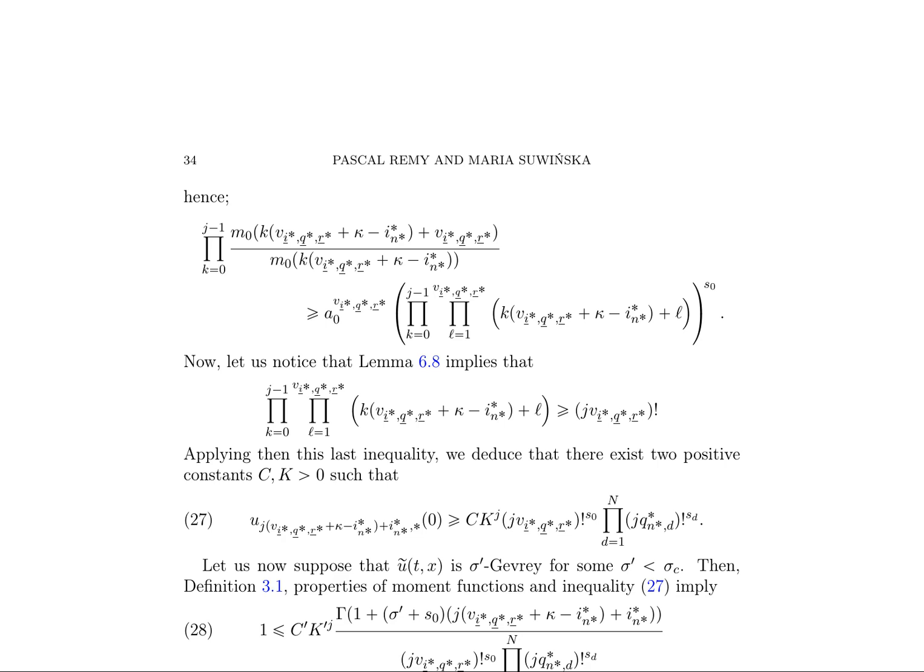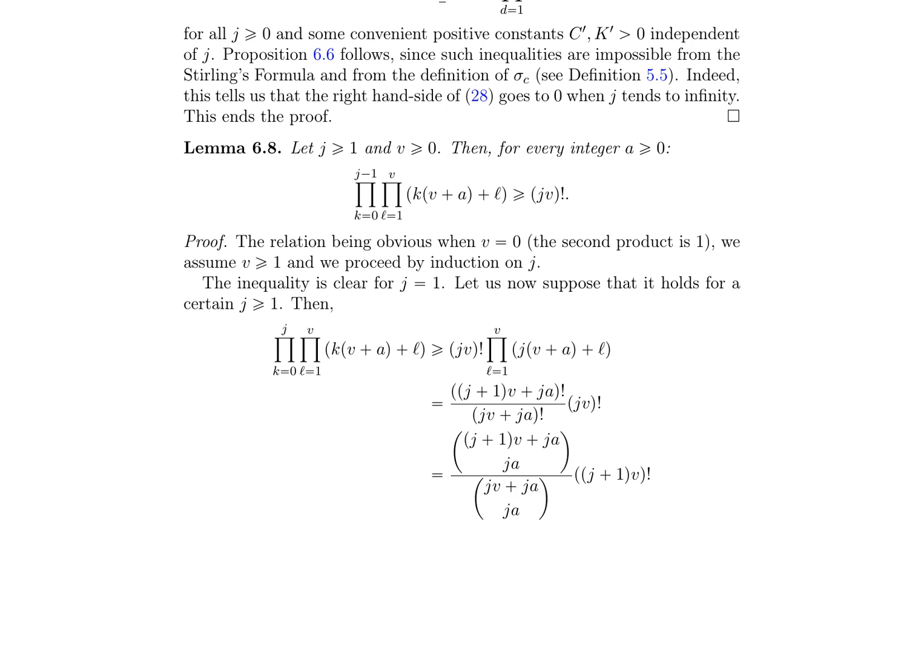Utilizing lemma 6.8, the authors deduce the existence of two positive constants $c, k ≥ 0$ that satisfy equation $27$, $ujpli, q, r kappa, I nq in, p0 kekjpjv, q, rq, s0 ens d, 1 pjqn, dq, sd$.